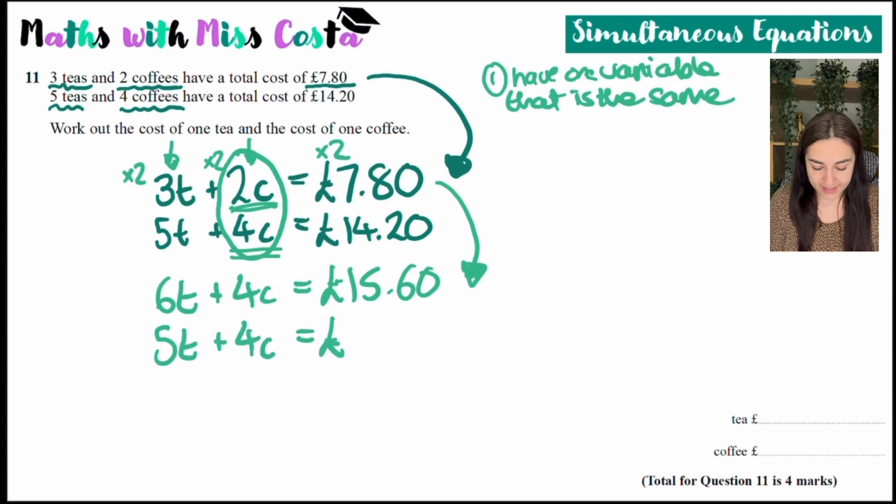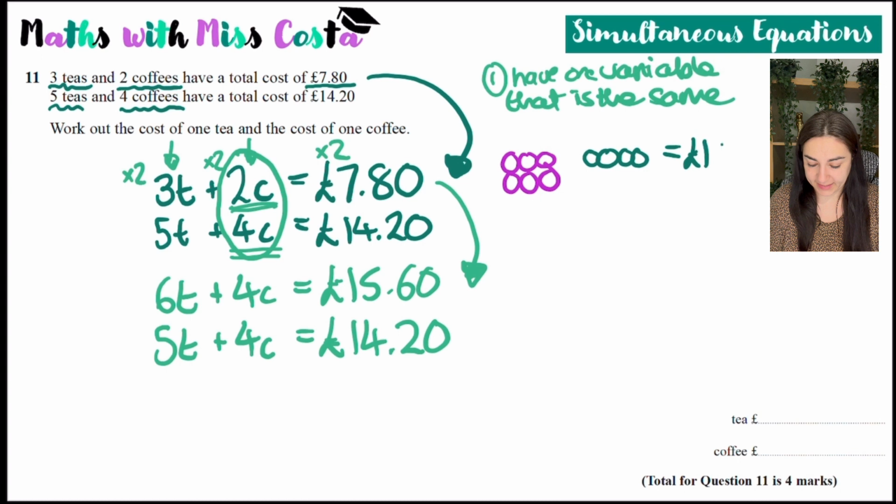And now, because I have something that has the same variable, 6t plus 4c gives me £15.60. And if I did the same here, 5t plus 4c equals £14.20.